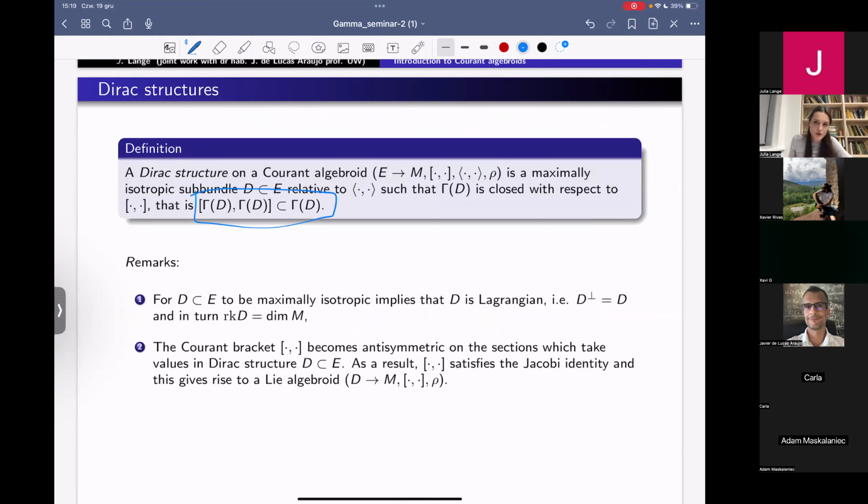If we require D to be maximally isotropic, it means that D is Lagrangian, so that the orthogonal space to D is equal to D. And as a result, the rank of D is just equal to the dimension M, okay?